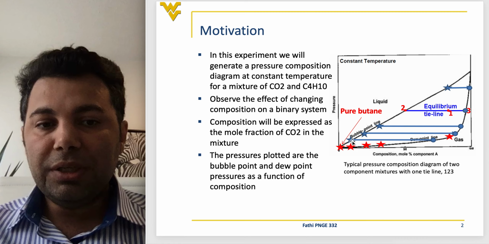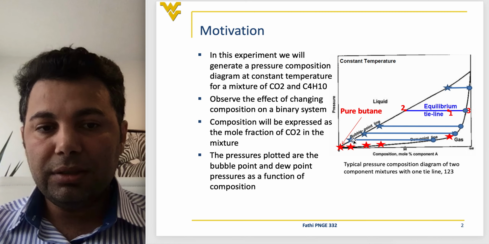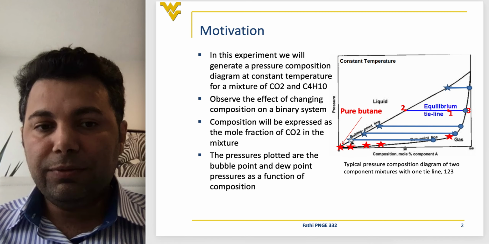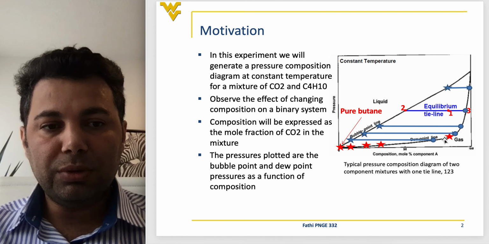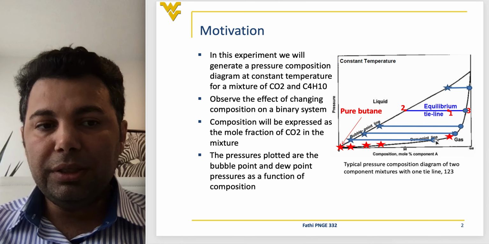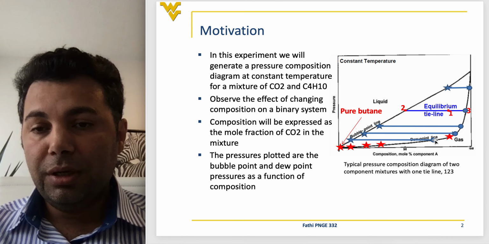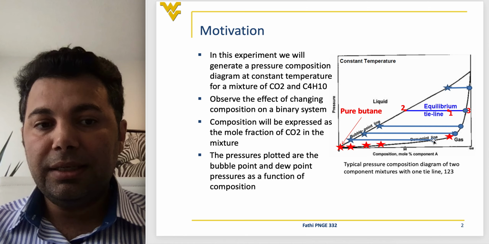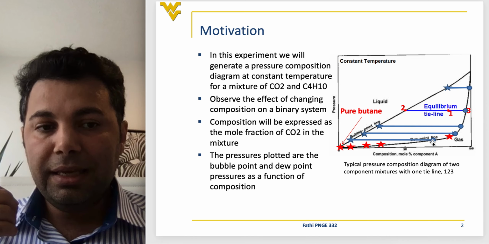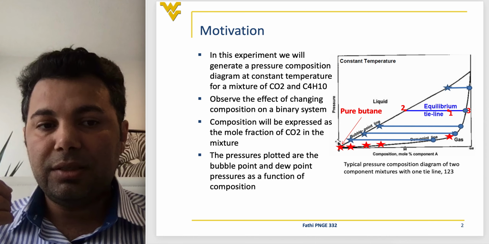So instead of using these stars, like the blue and the red stars, I can find the blue star, and at that time I can use the gas chromatograph to find the corresponding blue circle on the saturated gas line. The blue circle is basically the composition of component A in the gas phase at this specific pressure.